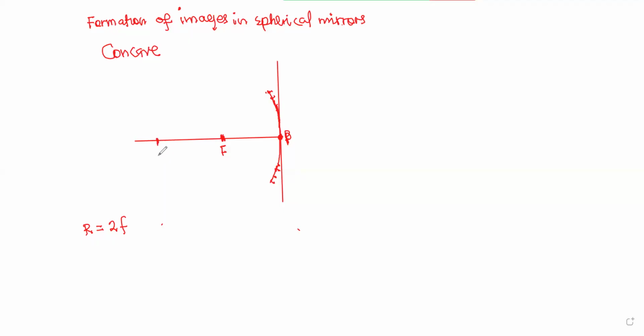So here you take measurements. You must choose a value yourself to measure. Maybe let F be equal to 5 centimeter. Then the radius of curvature, which is 2 times F, would be equal to 2 times 5. This is very important. If you don't do that, the location where the image will be formed will be wrong.